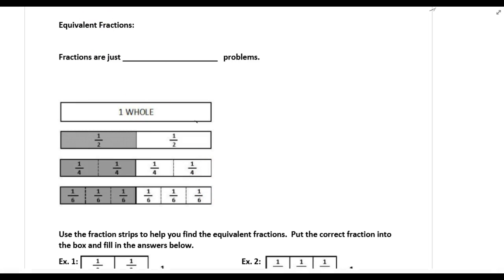Okay? But what happens here, right, is if I cut it in 2 pieces, I get a half and a half. If I cut it in 4 pieces, I get a fourth, a fourth, a fourth, and a fourth. If I cut it into 6 pieces, each piece represents a sixth of the whole. Okay?